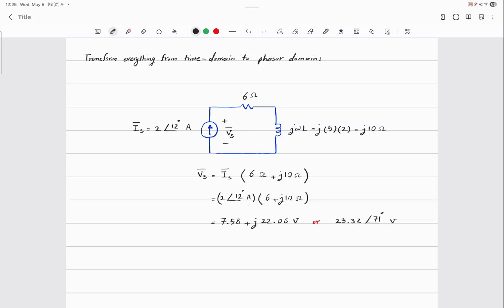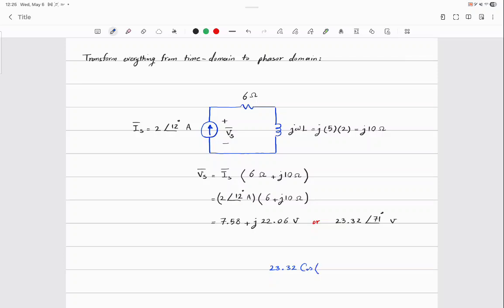This was my question. If I want to change my final phasor form answer into time domain, which one is easier? The second one can be done in 2 seconds. How can you write it in time domain form? 23.32 is the value of the amplitude. You ignored cosine so far, bring it back.